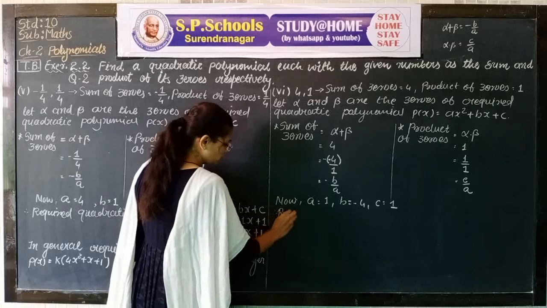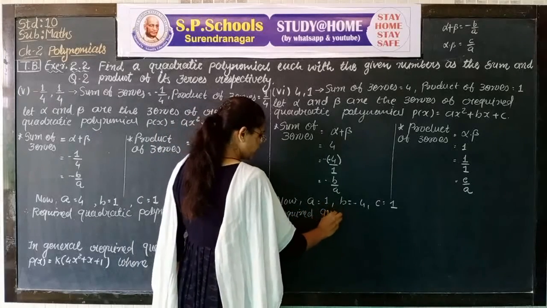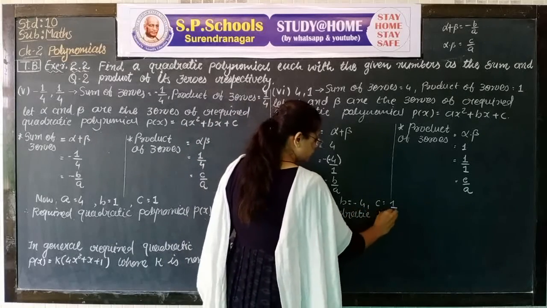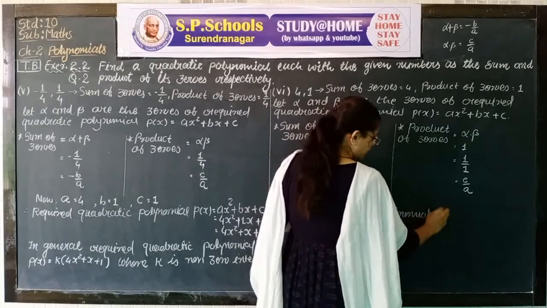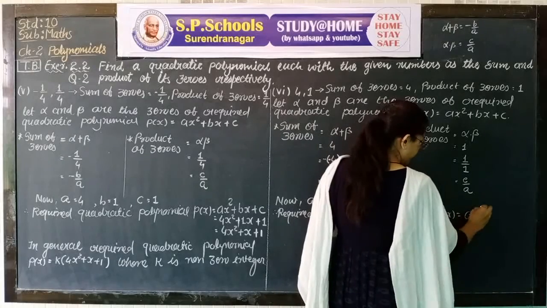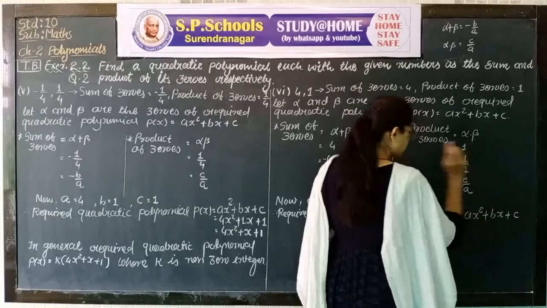Therefore, the required quadratic polynomial p of x is equal to the standard form ax square plus bx plus c.